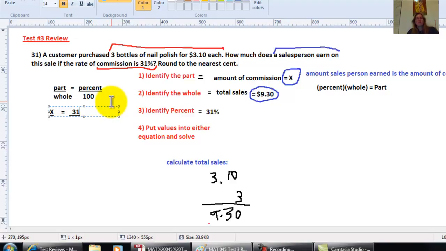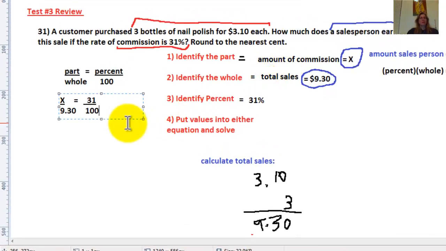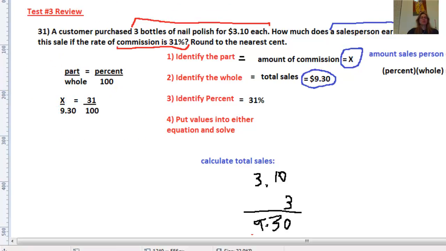The percent sign is dropped when we divide by 100. So then x is divided by the whole, which is the total amount of sales, and 31 is put over 100 as a way of getting rid of the percent sign. Then we do our cross multiplication to solve: x times 100 set equal to $9.30 times 31.